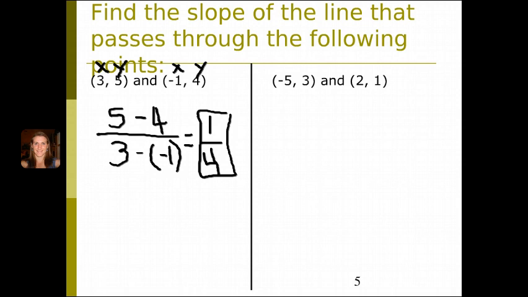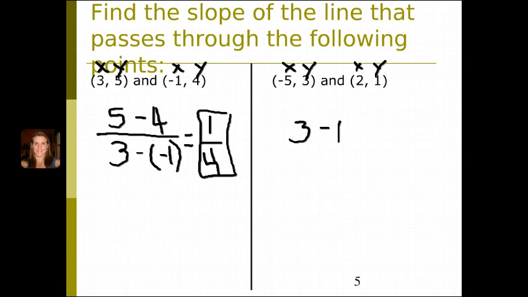For this example, we're going to again identify our x and y in our ordered pair, which makes it easier writing our y's over top of our x's. We have our first y value, 3, and we subtract our second y value, which is 1.